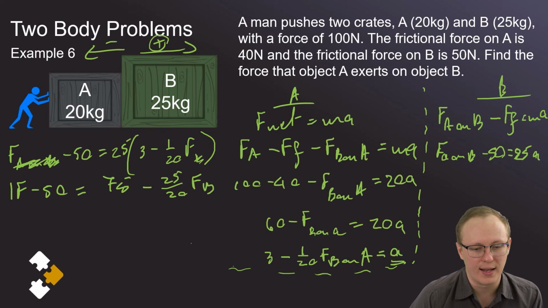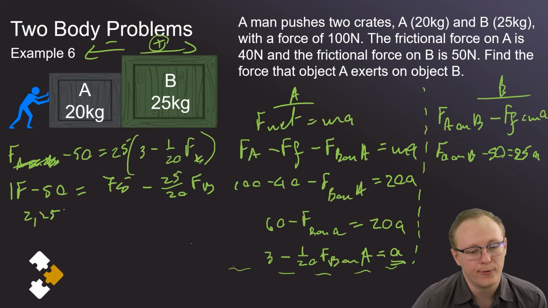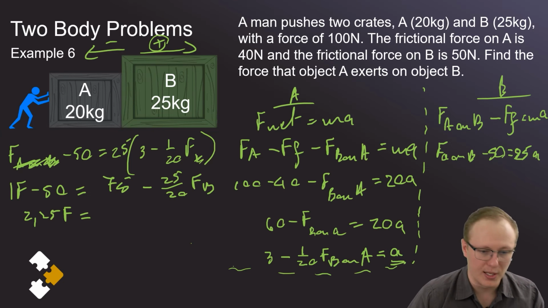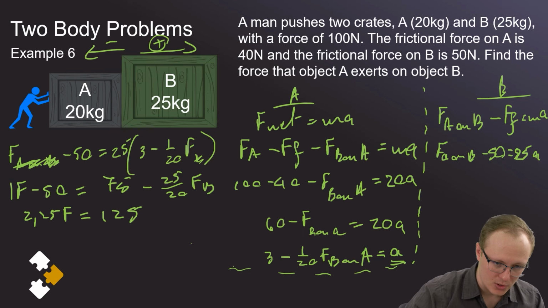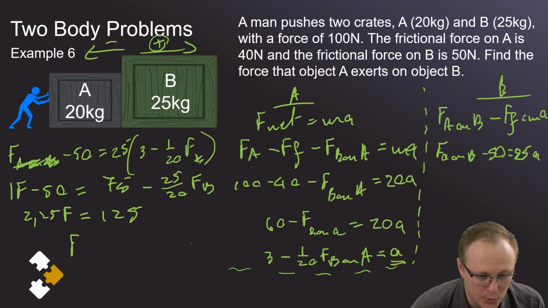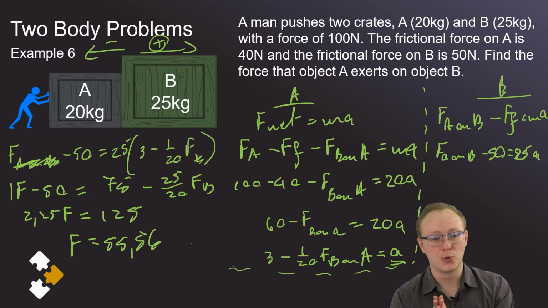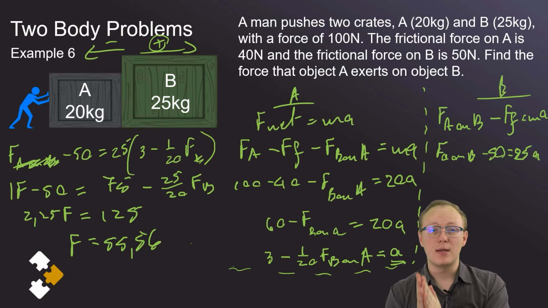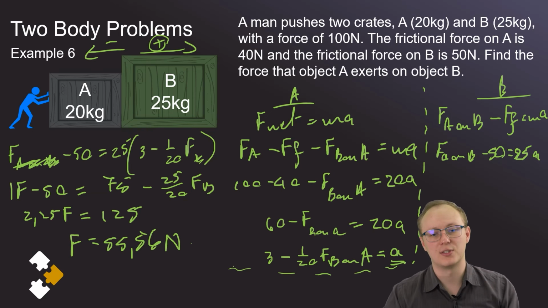So on this side I've got 1F, and I'm going to add the 1.25F, so I get 2.25F, and then the 75 plus the 50 is going to give me 125, and now I can get that F, the magnitude of the force. So 125 divided by 2.25 is going to give us 55.56. So the force here is equal to 55.56. So A exerts a force of 55.56 newtons on B in the rightwards direction. B exerts a force of 55.56 newtons on A in the leftwards direction.